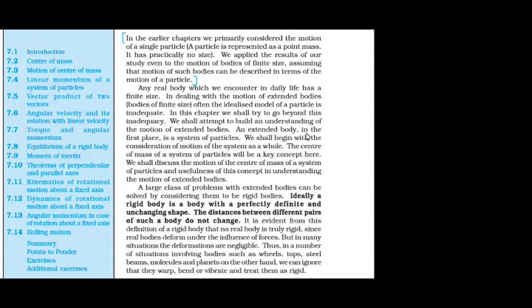And extended bodies, in the first place, are a system of particles. We shall begin with the consideration of motion of the system as a whole. The center of mass of the system of particles will be the key concept here. We shall discuss the motion of the center of mass of a system of particles and the usefulness of this concept in understanding the motion of extended bodies.